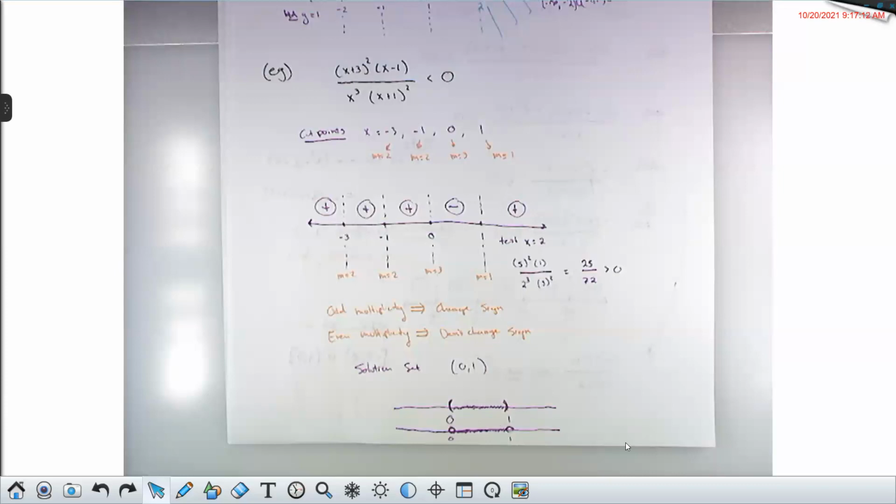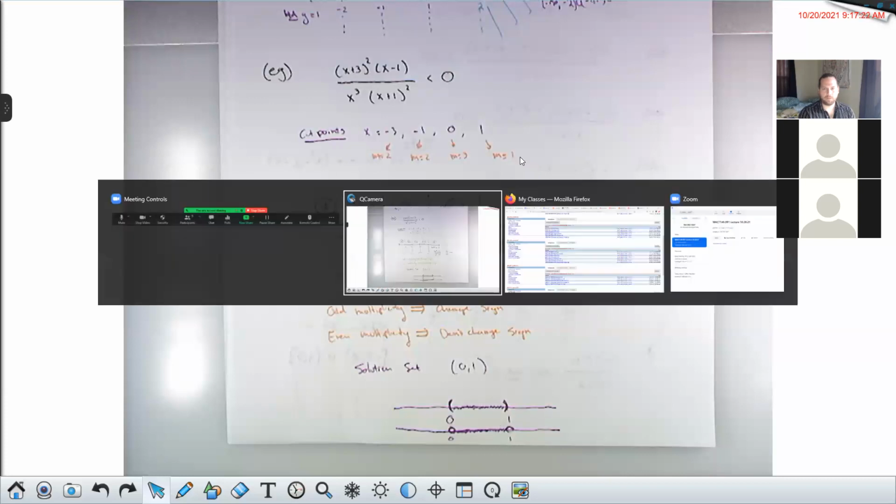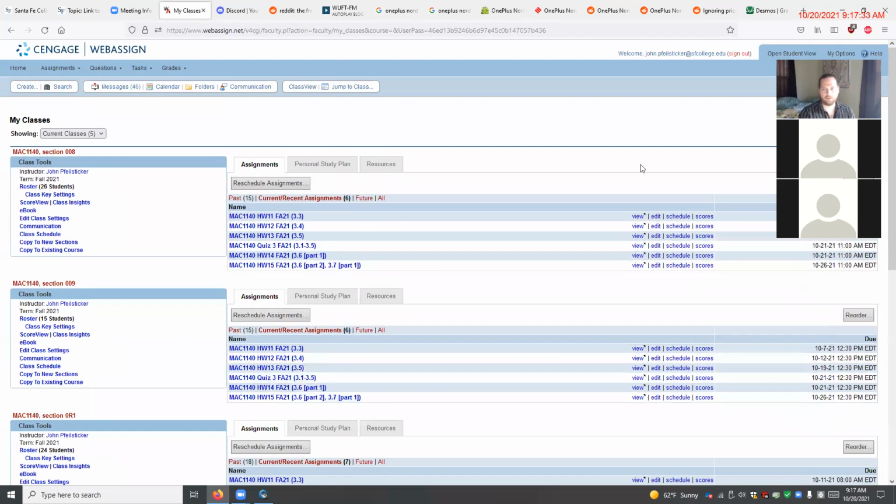Yeah, go ahead. It's not a question about the test, but I was trying to get into WebAssign, and I'm not able to. It keeps saying error. Sometimes WebAssign goes down. Every now and then they have some technical problems. Is this something that's been happening a lot or just recently? It just started this morning, so I wasn't able to finish some of my assignments, and a little bit last night.